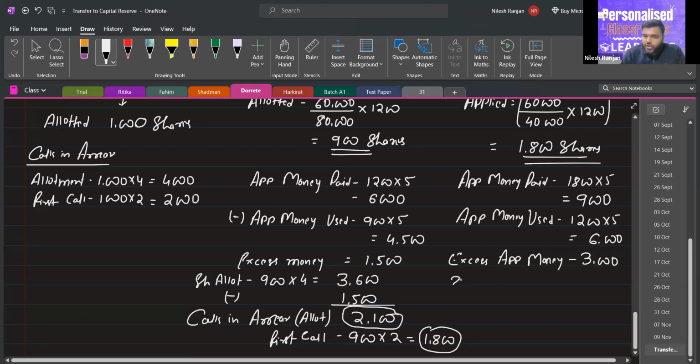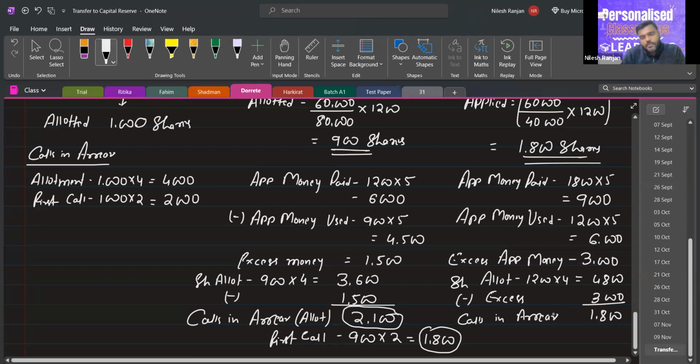And share allotment amount we have to ask from him is 1200 into 4, that is 4,800, minus excess 3,000. So 1,800 is calls in arrears.